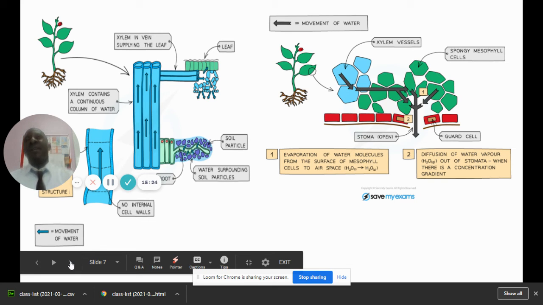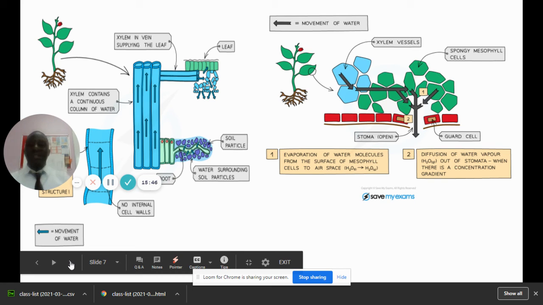Number two, among the external factors, we have the light intensity. Light intensity and temperature, and in many cases, we can talk about them at once. The higher is the temperature, the higher is the rate of transpiration, because this encourages water loss.